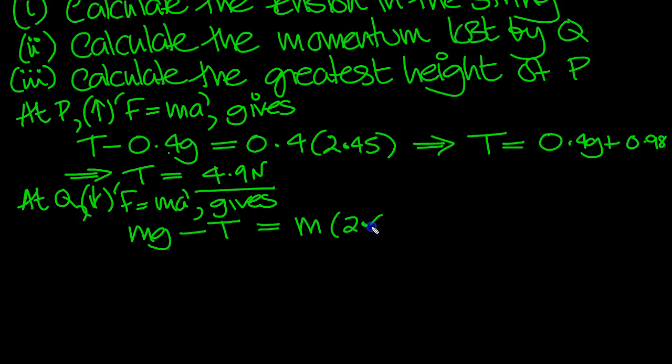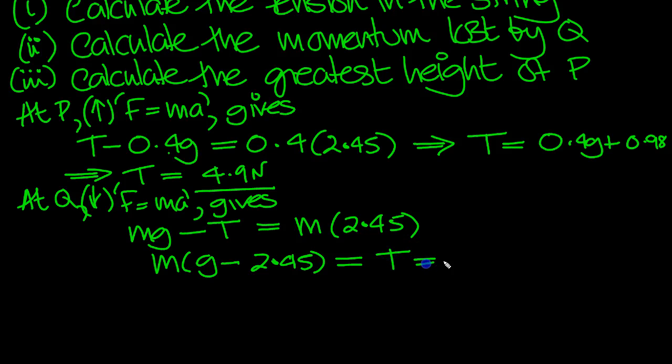So move this over, mg minus the 2.45 m is equal to the tension, which is equal to 4.9. So that tells us what the mass is.